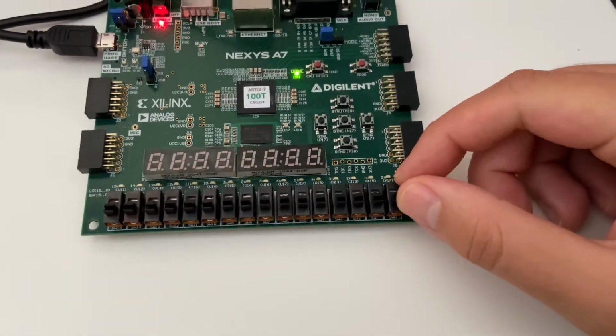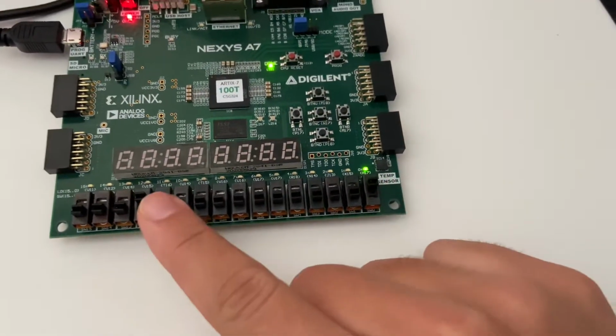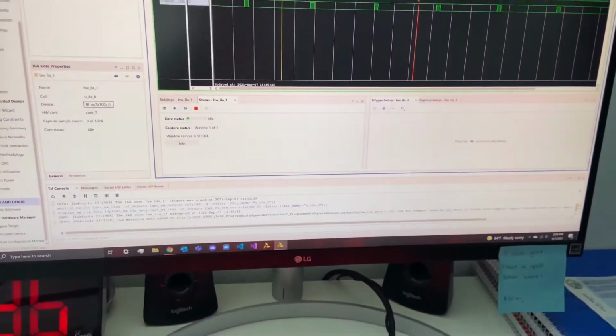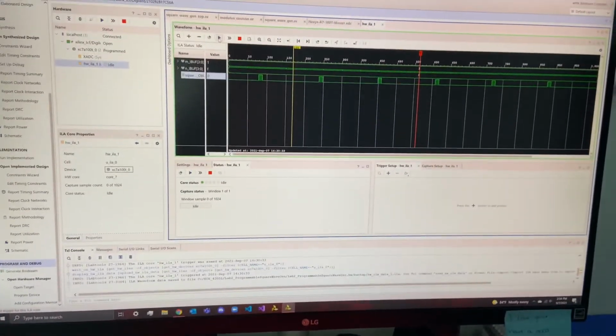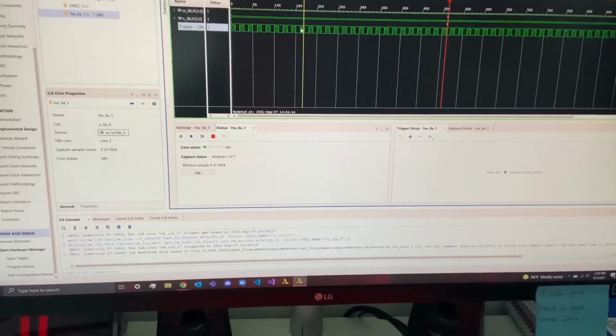Okay, so now let's do the simplest case where M and N are both 1. We can see that the LED is on, so there is indeed an output. If I go on to Vivado's ILA and run it, we can see that we do get a square wave output.